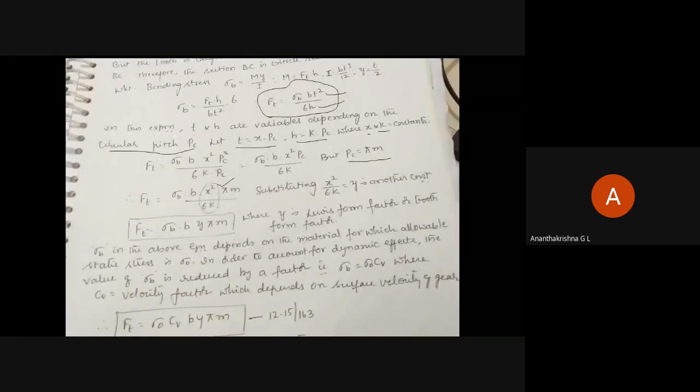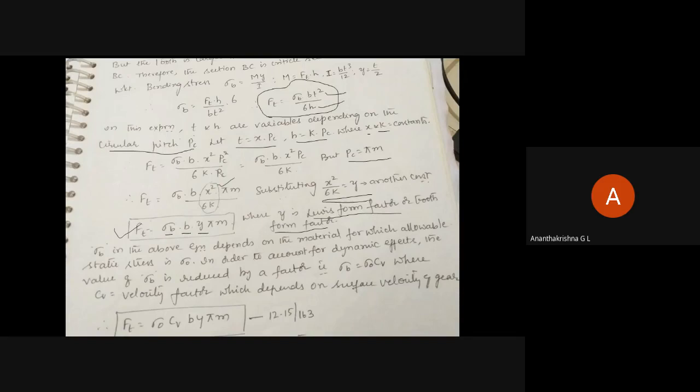Again, they are constants. I replace x squared by 6k with another constant called y, which is the Lewis form factor or tooth form factor. Finally, I get tangential force Ft equal to sigma b, bending stress, into face width b, into Lewis form factor y.